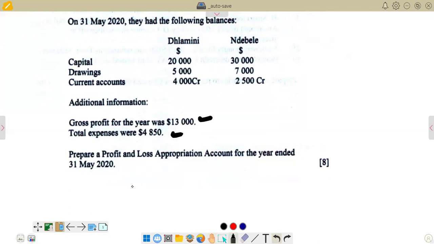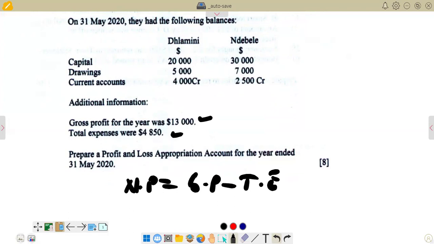Remember, to get our net profit, it is equal to our gross profit minus our total expenses. Our gross profit is 13,000, and our total expenses are 4,850. We subtract the two to get our net profit.